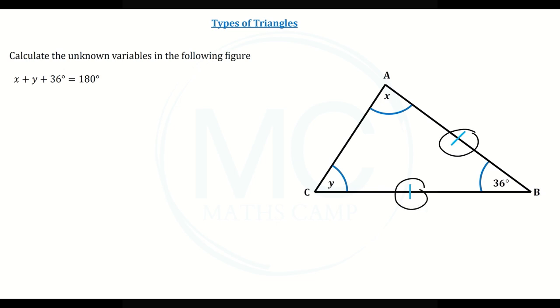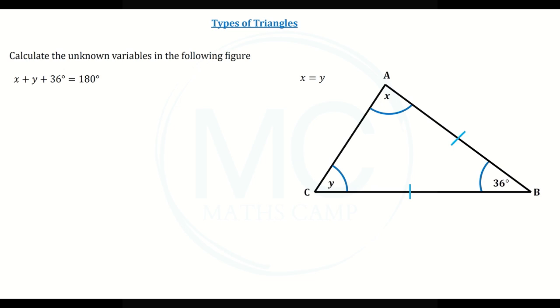So we are working with an isosceles triangle. We know that an isosceles triangle has two equal sides and two equal angles. X lies directly across from BC and Y lies directly across from AB. So X and Y must be equal. So let's tidy this up and we can make a note of this up here. X is equal to Y.